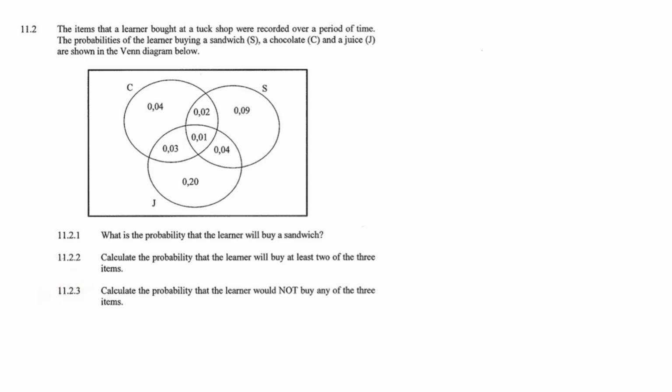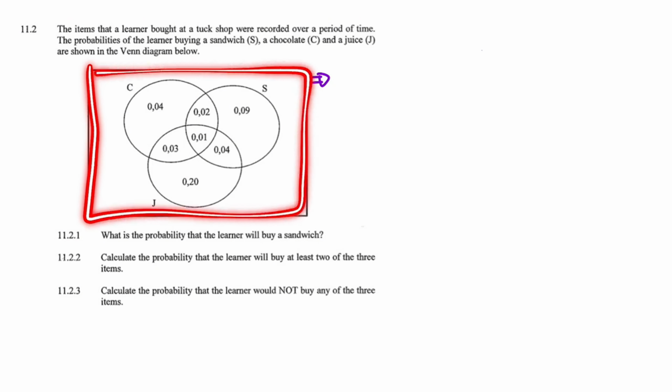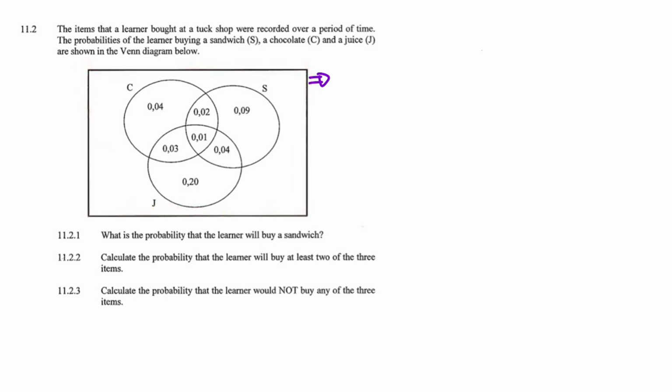11.2.3. Calculate the probability that a learner would not buy any of the 3 items. So we're looking for a value outside of these events. To find this probability, I know that the sum of all the probabilities inside of the Venn diagram is supposed to add up to 1 or 100%.